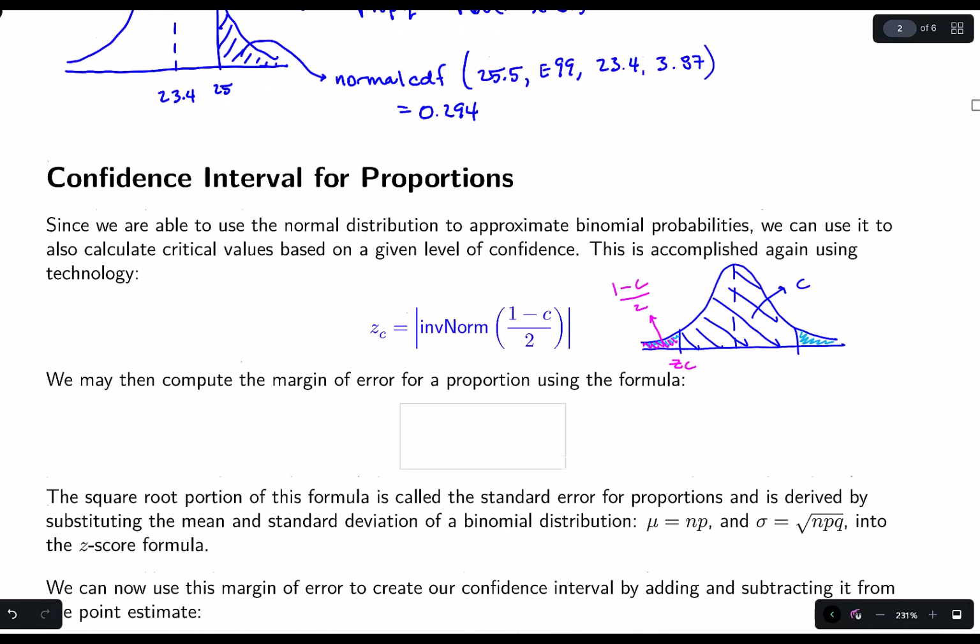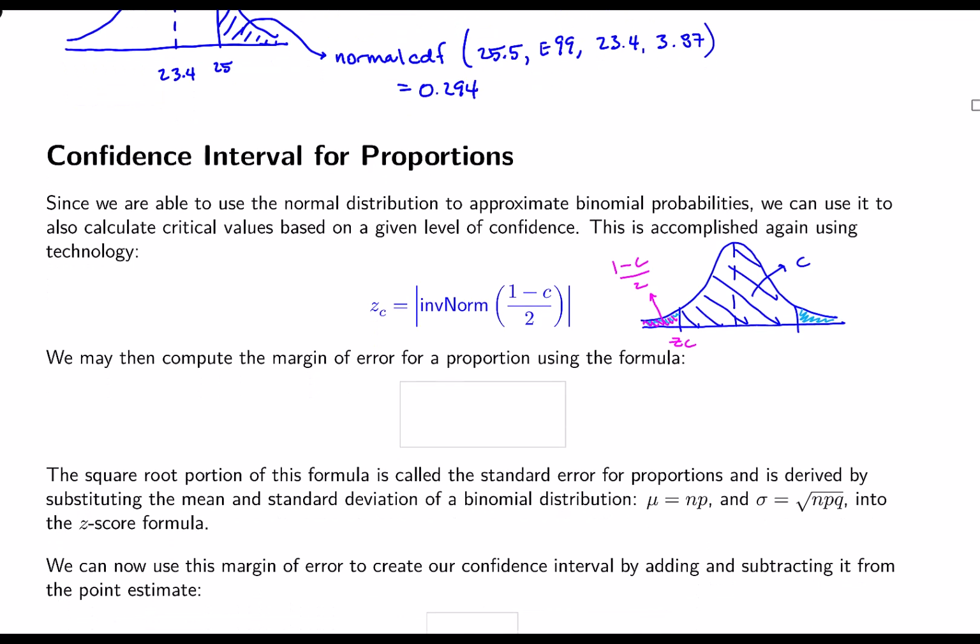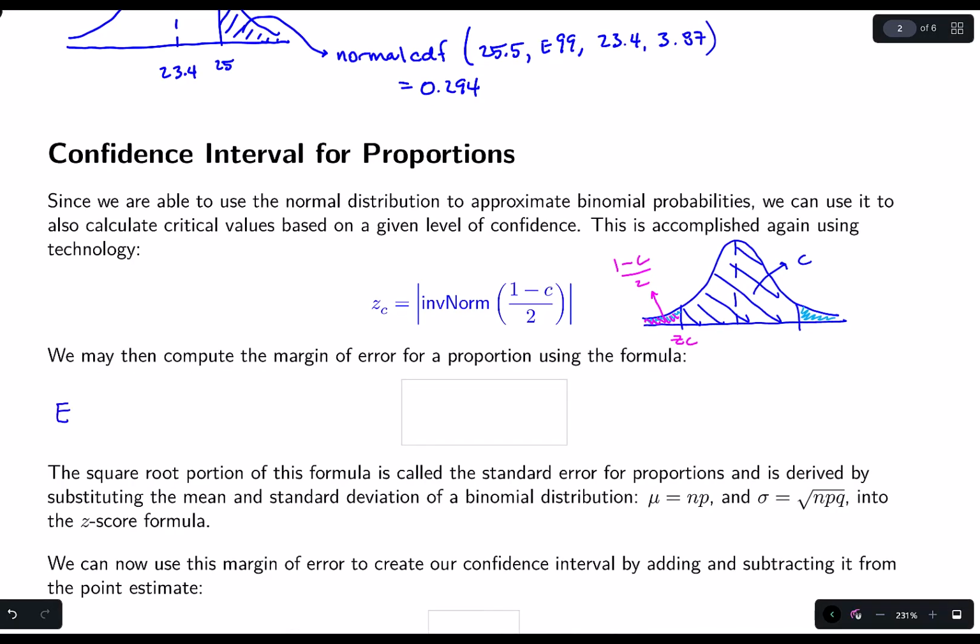Next, we need to compute a margin of error. And in order to do that, in general, we take our critical value and multiply that by our standard error for whatever type of statistic we're working with.